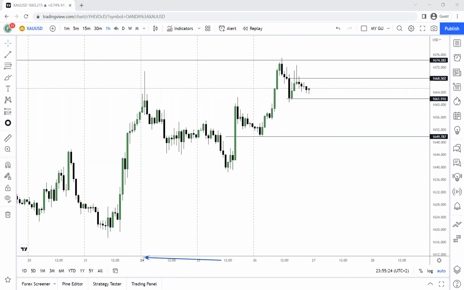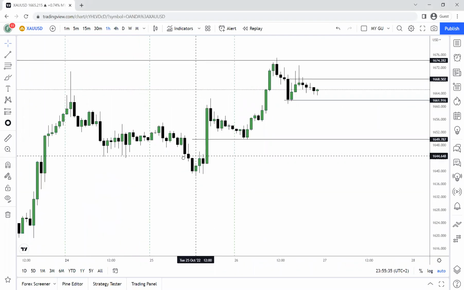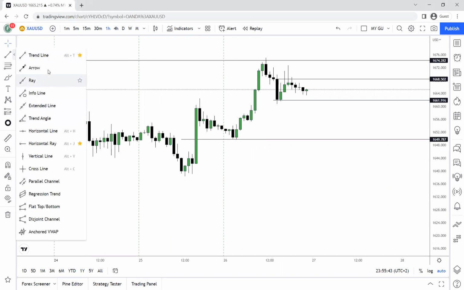Let's enlarge the candlesticks a little bit more. Now that we can all see properly, let's identify where the Asian session is. Let's use an arrow.